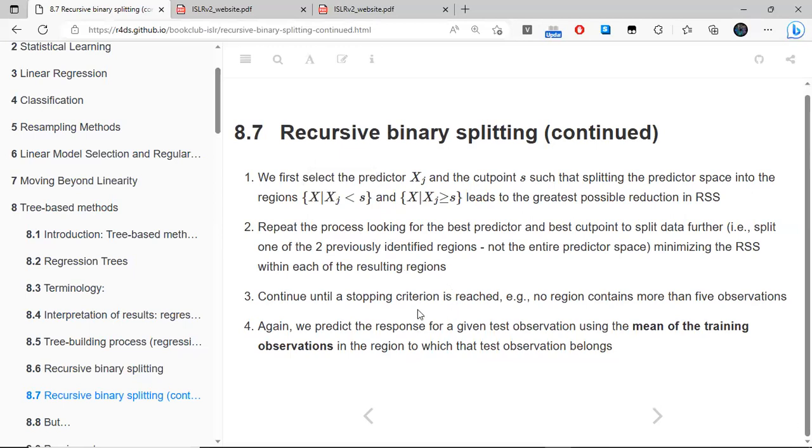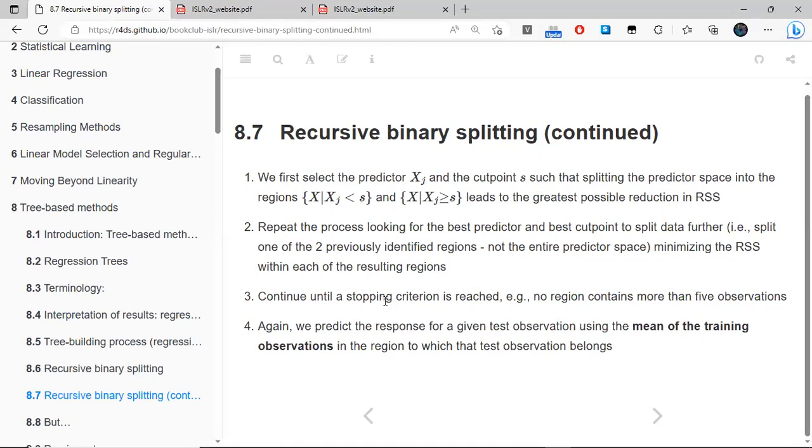So, when do we stop? Well, that's kind of arbitrary, but at least what seems to be the common value used in practice is that if some region generated via these splittings contains no more than 5 observations, then it's time to stop.